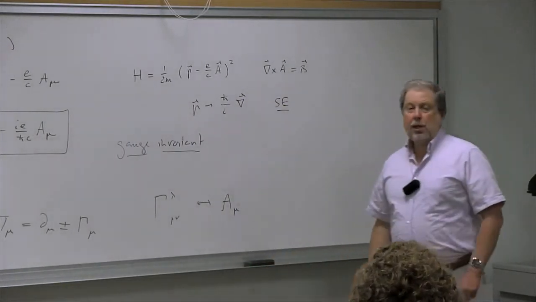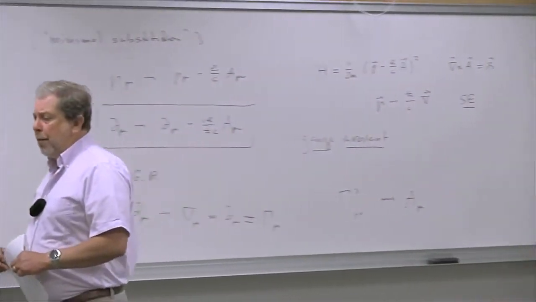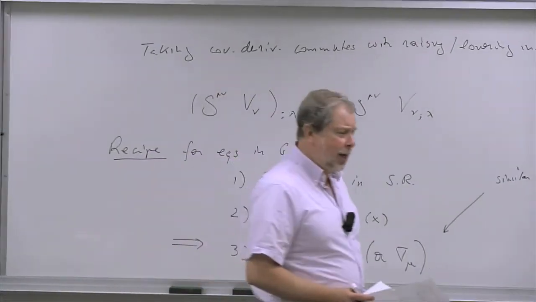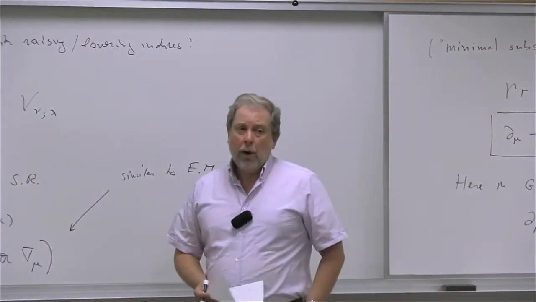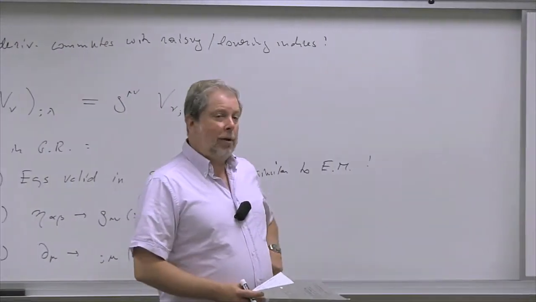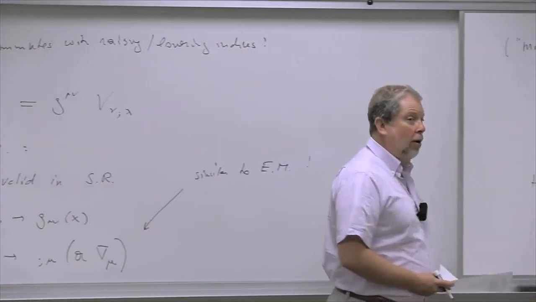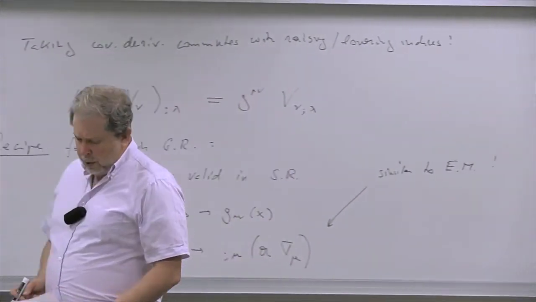The correspondence is that the gamma is playing a role which is similar to the electromagnetic field, which is kind of interesting because you might have thought that, of course, the analog of the electromagnetic field was the metric g mu nu. But if you do look at the way the derivatives are constructed, then it is in fact the affine connection that is the analog of the electromagnetic field, right?